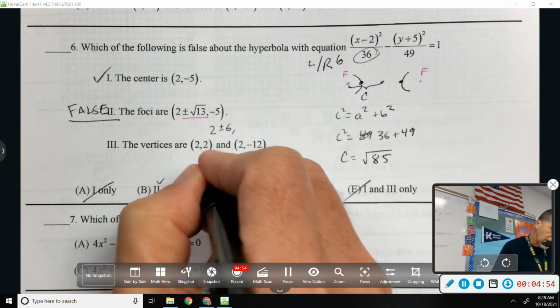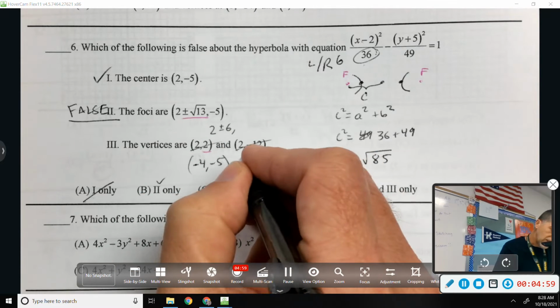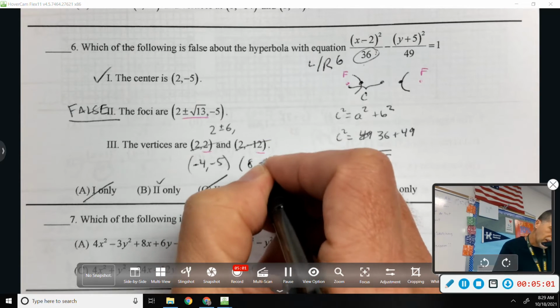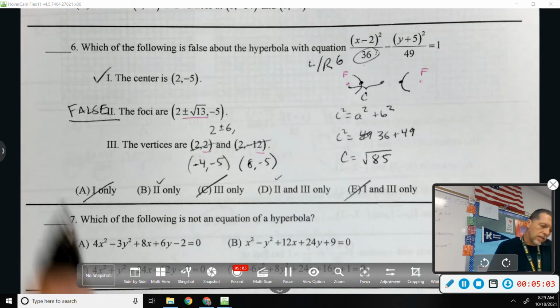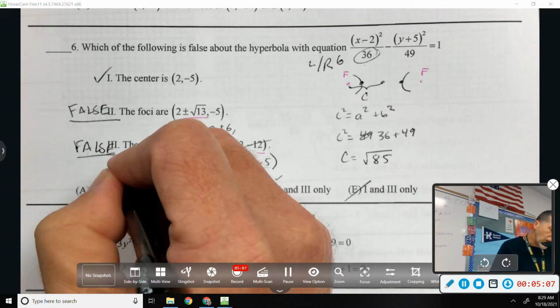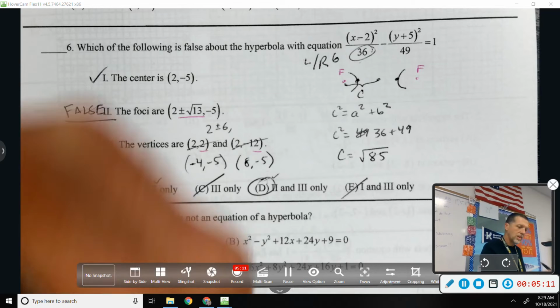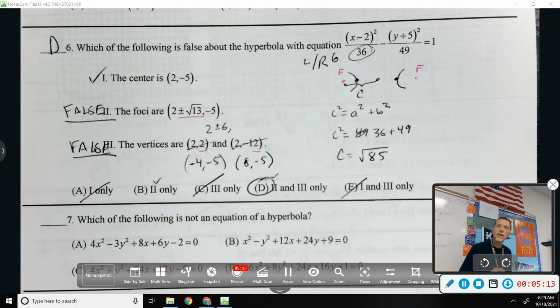So it should be -4, -5, and 8, -5. So 3 is false. That's what we're looking for. So 2 and 3 are false. It forces you to just think hard on that one to understand what they're asking.